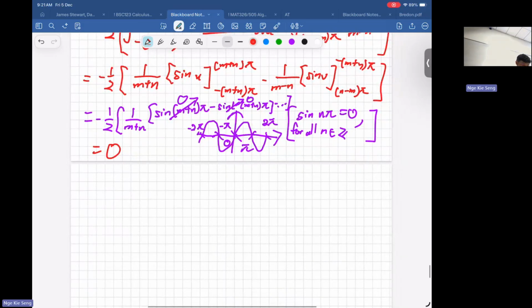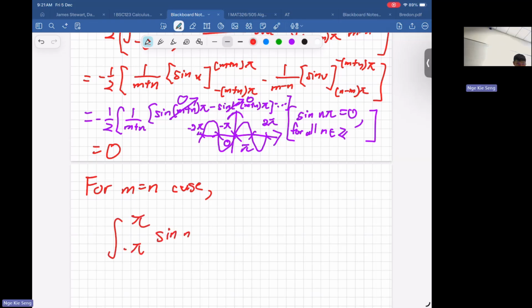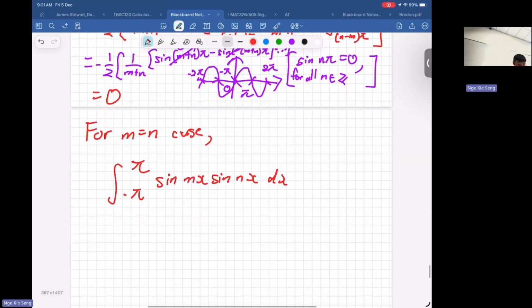So for the m equals n case, our integral becomes easier. In particular, we get the integral of sine square mx dx.